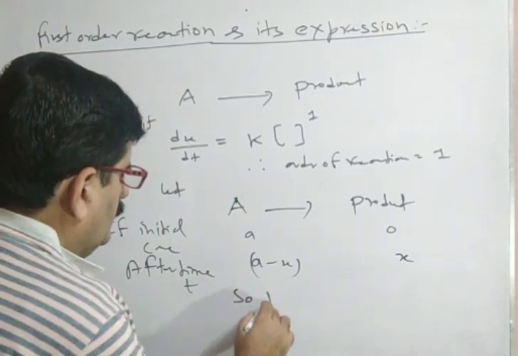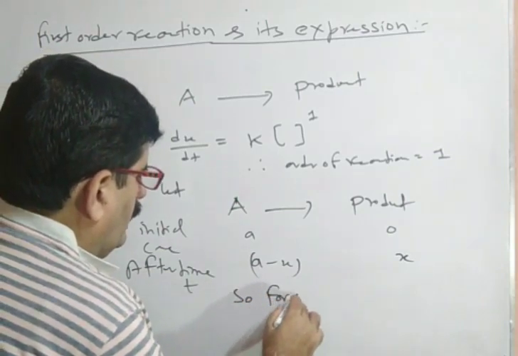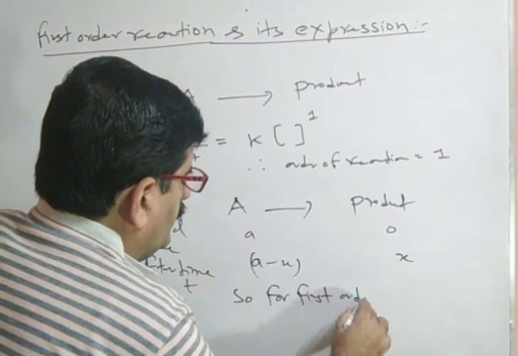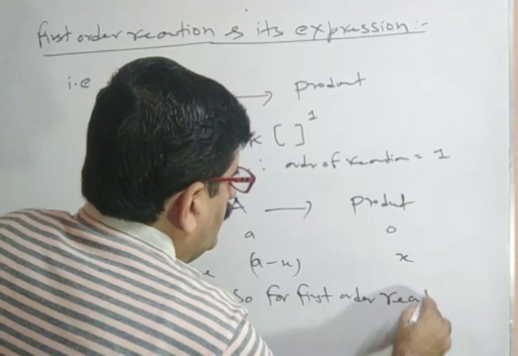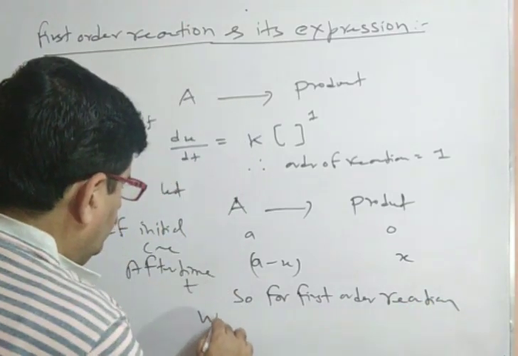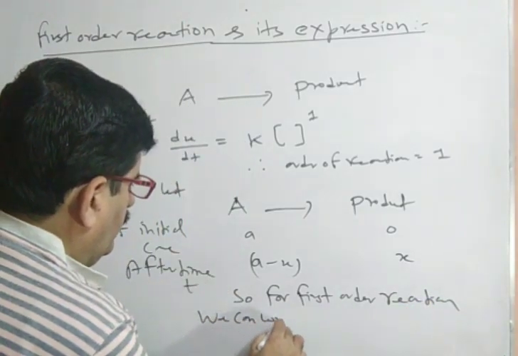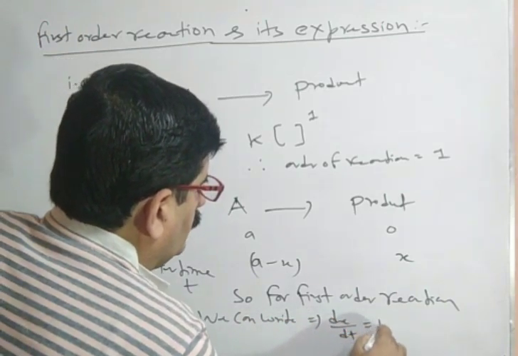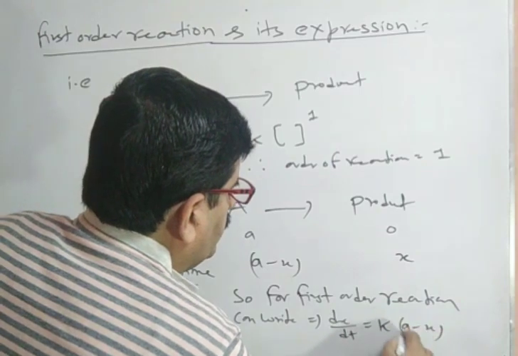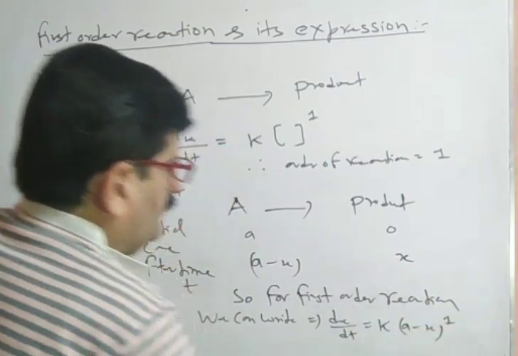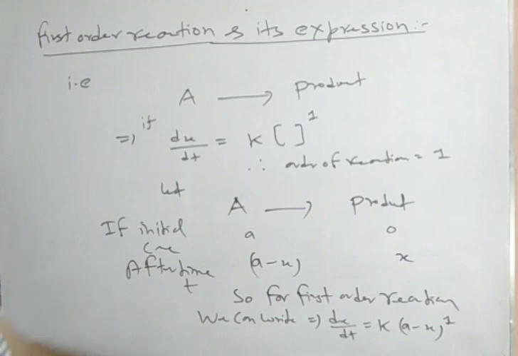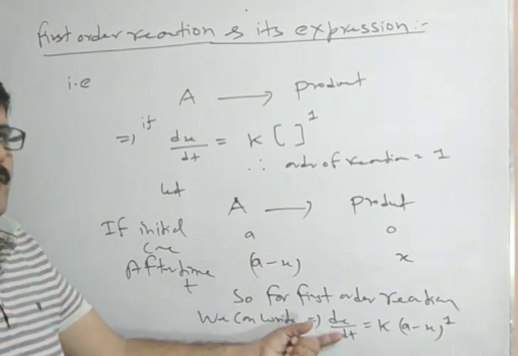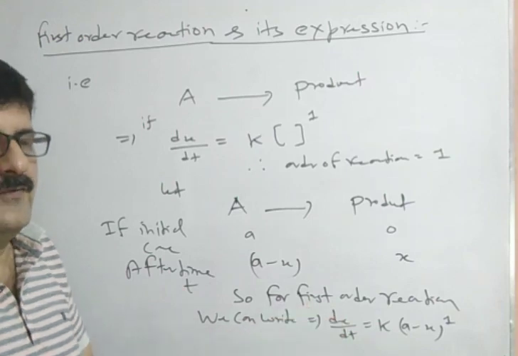So for first order reaction, we can write what? dx by dt is equal to k (a minus x) to the power 1. So this is an expression for first order reaction. It is found experimentally.